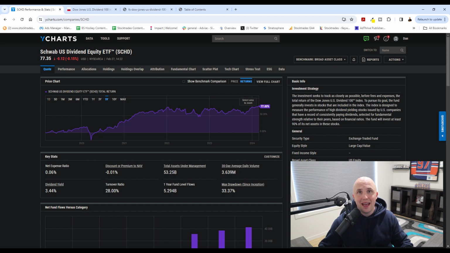So SCHD, there's a lot of misconceptions about this fund in quite a wide variety of ways. First off, a lot of people think that this fund is somewhat of an actively managed fund. I've heard this before. It's not. This is an index fund. Now, the index that it tracks has a bit of a particular strategy it uses to identify and pick the stocks inside of SCHD.